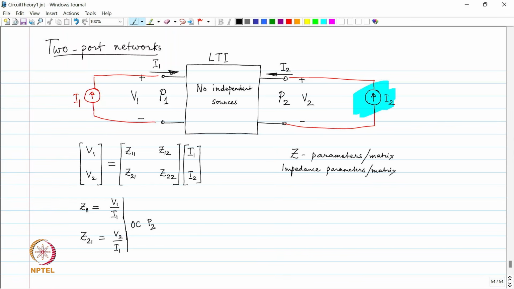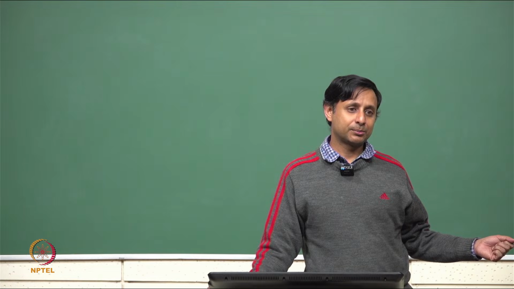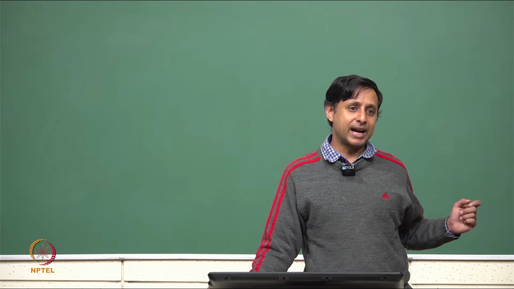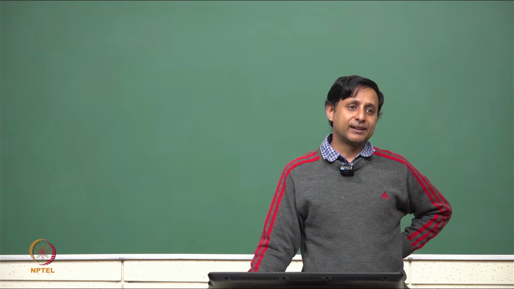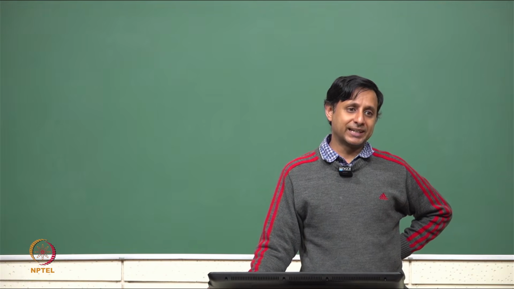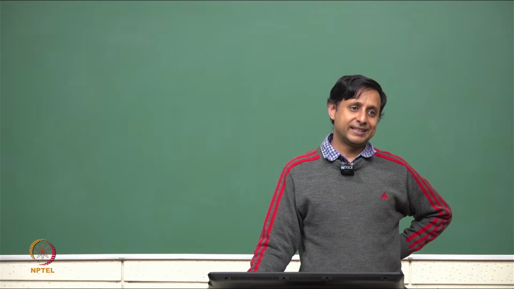So, I open circuit port 2 and I measure V 1 by I 1, that is going to give me Z 11. I will measure V 2 by I 1, that is going to give me Z 21. In other words, I open circuit port 2, take a 1 ampere current source and push 1 ampere into port 1. Then V 1 will give me Z 11, V 2 will give me Z 21.